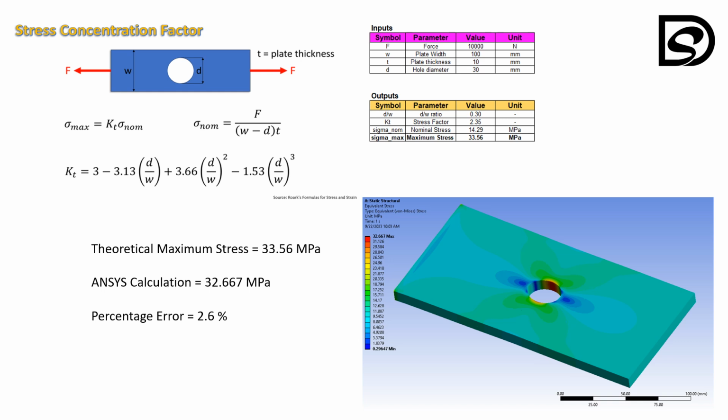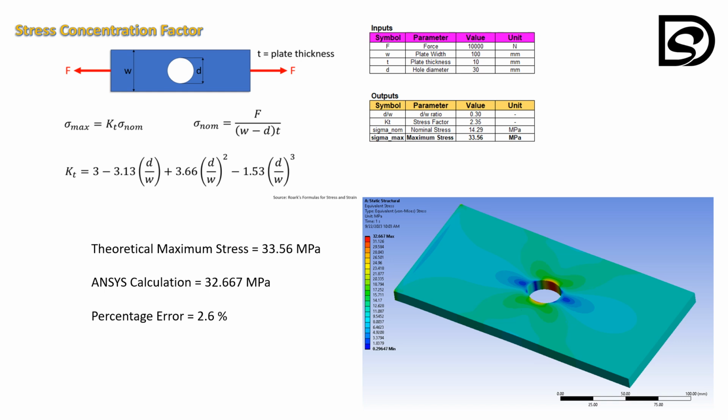So you can also use an Excel sheet to put in these values, and you can also then play with these values by changing them. And you can see that when we click this, this is the sigma max. So we get the maximum stress of around 33.56.